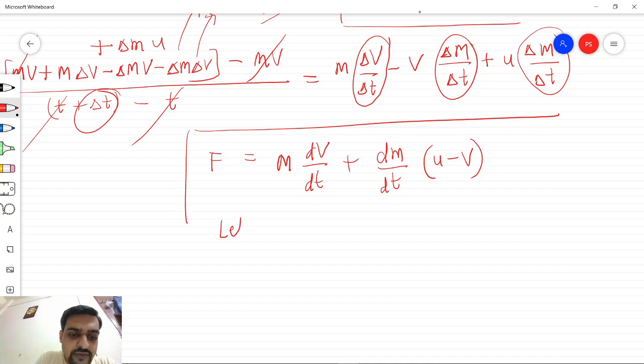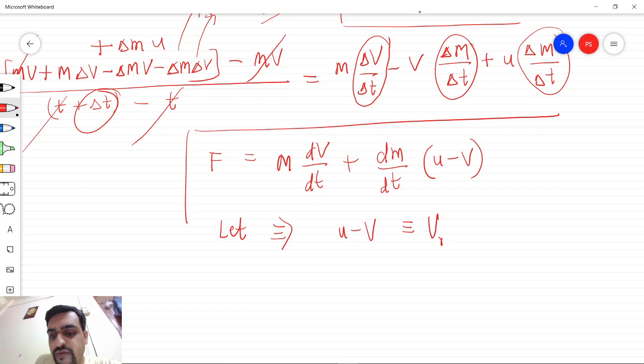Now we will further substitute another quantity. This u minus v is the relative velocity of the exhaust, that is the velocity of the exhaust with respect to the rocket.